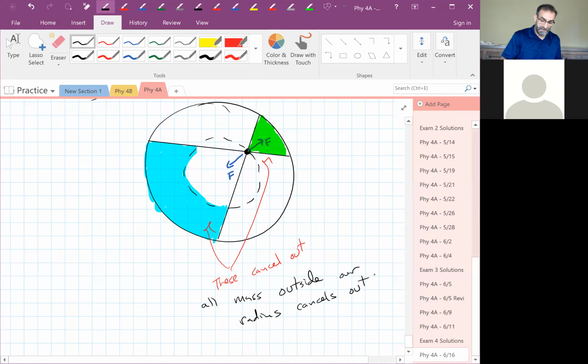The force of gravity due to the green mass is this thing right here, pulling in that direction. The force of gravity pulling us in the other direction, this one, is due to the blue chunk. Those exactly cancel out. So it's as if we don't feel any force due to the mass outside of our radius, only the mass inside.